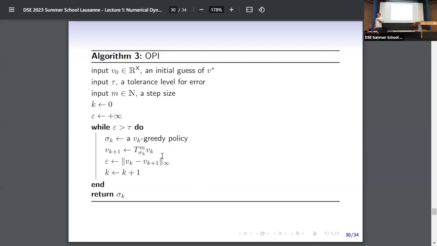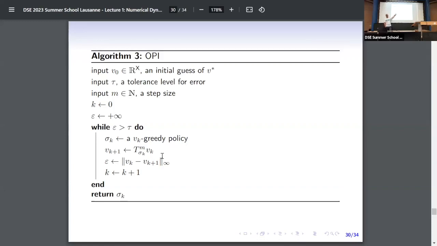Here, I'm not going to do that exactly. What I do instead is I take the policy operator associated with the greedy policy, and I start iterating with it. I've iterated with it m times, and m is a parameter in the algorithm. If I take m to infinity, I know that this is going to converge to the lifetime value of that policy. So m equals infinity is Howard policy iteration.